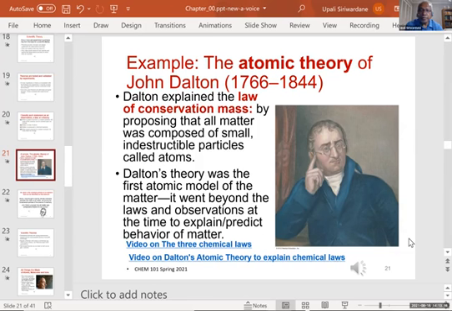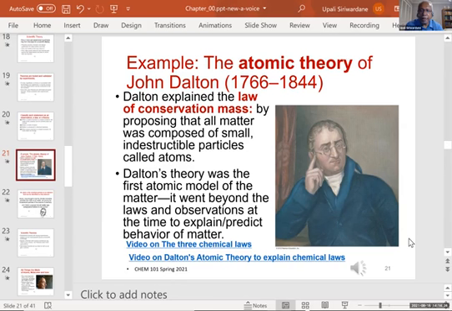The other one is the law of multiple proportions. There are three laws: law of conservation of mass, law of definite proportions, law of multiple proportions. When two elements combine to form more than one compound, like carbon monoxide and carbon dioxide, there's a simple ratio between the oxygen combined in these two, 1 to 2.